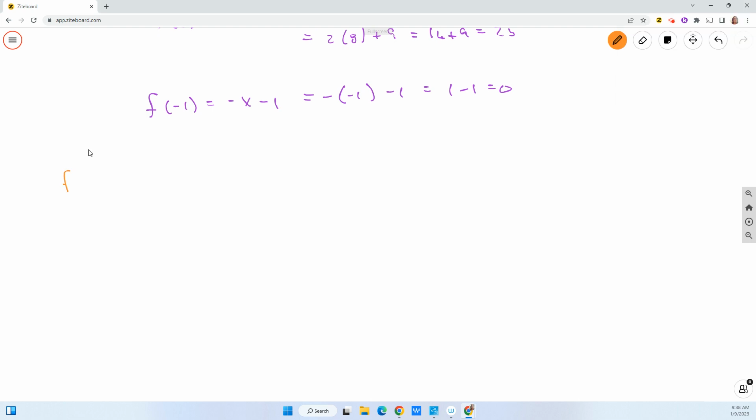So if I have, say, f of x equals, it's my favorite part, drawing the little thing, x if x is less than or equal to negative 3 and negative 2x plus 1 if x is greater than negative 3.